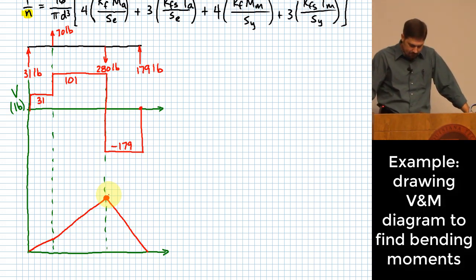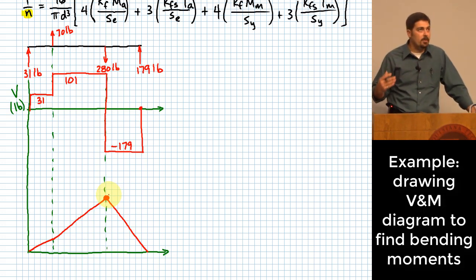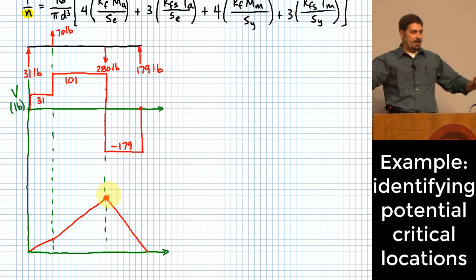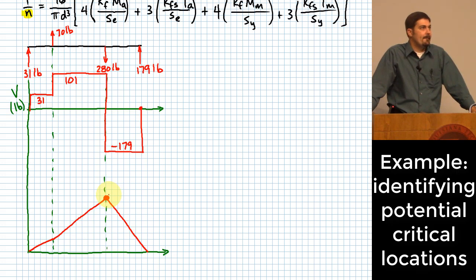Okay? Now the question I have here is this. Just because I found my maximum bending moment, does that necessarily mean that I found my worst place in terms of stress? I'm talking very, very generally now. In all cases, when I find my maximum bending moment, does that always mean that I have found my location of maximum stress?